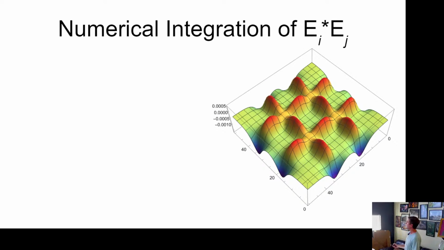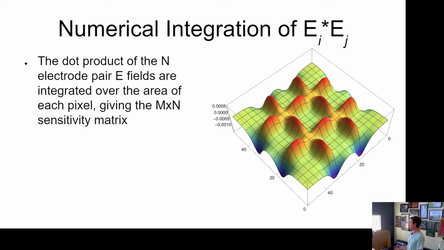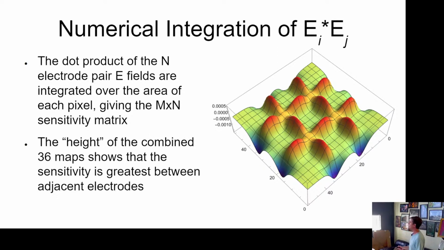So we then have to actually solve for all the S matrix elements. We take the dot product of all of those electric fields and sum over all of our pixels, and this shows the height map of where the sensitivity is greatest. You can see that in between pairs of electrodes, you have much higher sensitivity versus just over the individual electrodes.